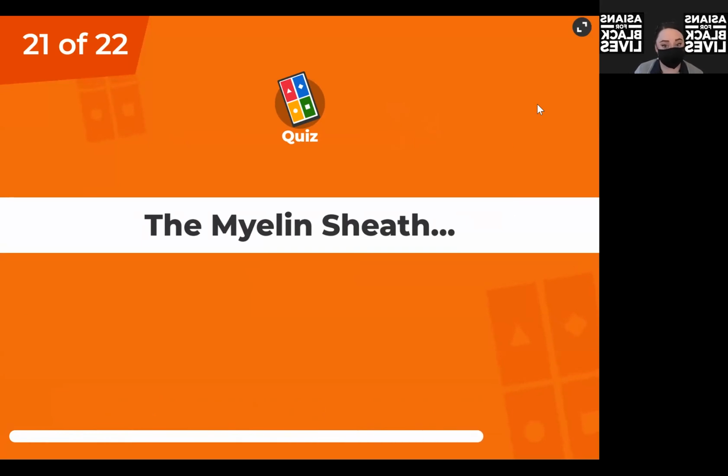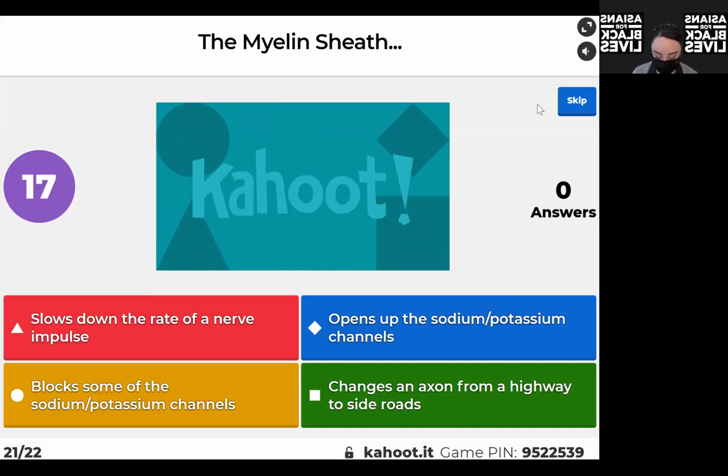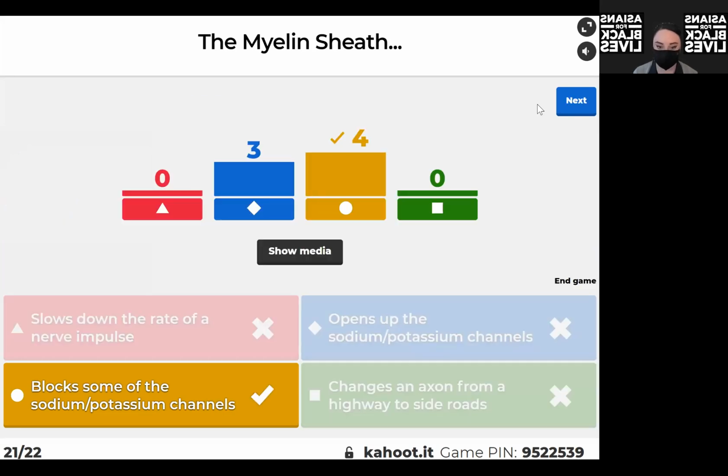What does the myelin sheath do? Good. So it blocks some of the sodium and potassium channels so that they don't have to go in and out down the whole length of the axon. They can kind of just fly in and fly out of it, kind of like we would on the highway.